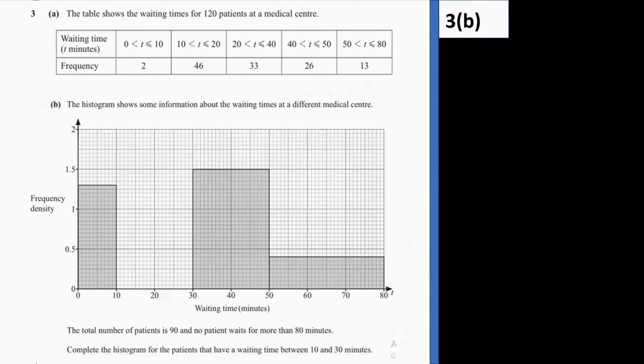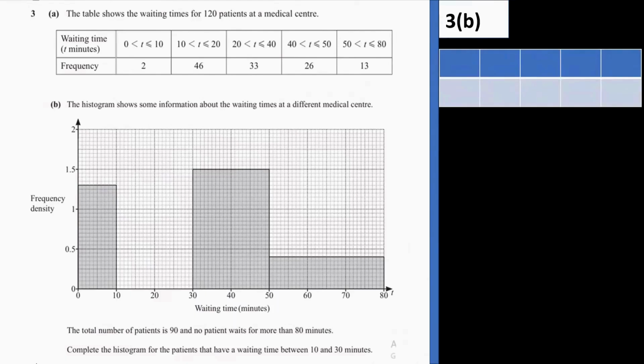For us to get this, we need to get the frequency for this group of patients waiting at the medical center. So we make a table, and we'll be able to calculate the frequencies, since we know the time intervals.